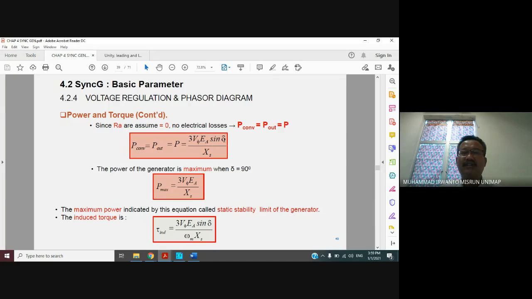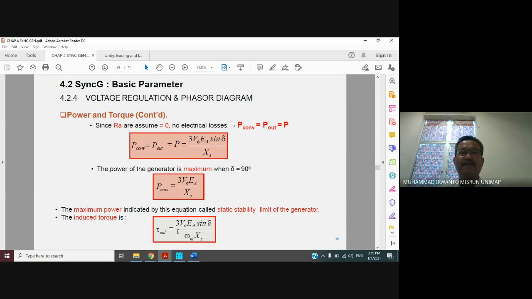When sin delta is 1, the maximum converted power or maximum output power is equal to 3 multiplied by phase voltage multiplied by internal generated voltage divided by synchronous reactance.